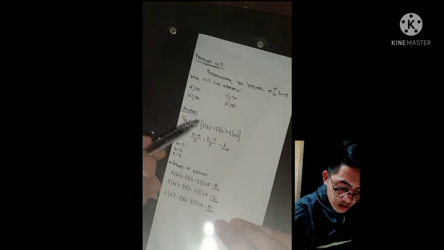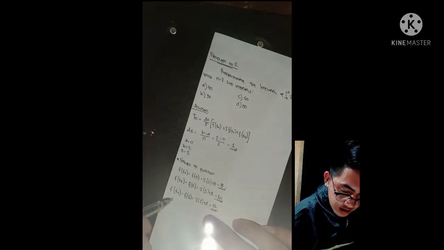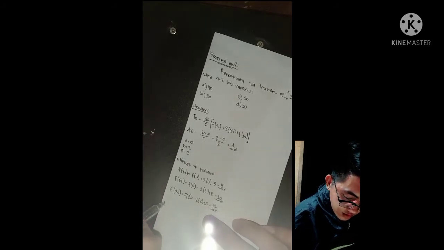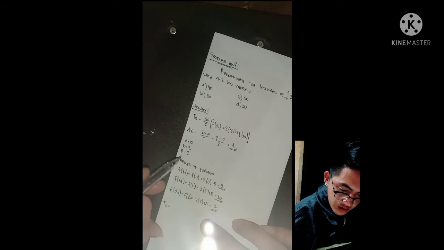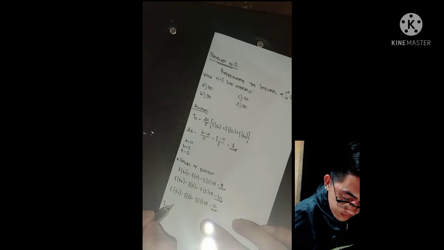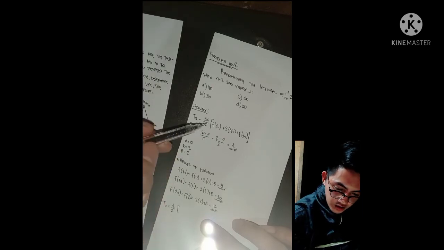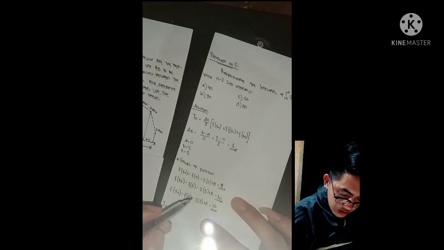trapezoidal formula. So for our Tn, or for our T2, is equal to the width of interval, which is 1 over 2, times the function of x0, which is equal to 8.